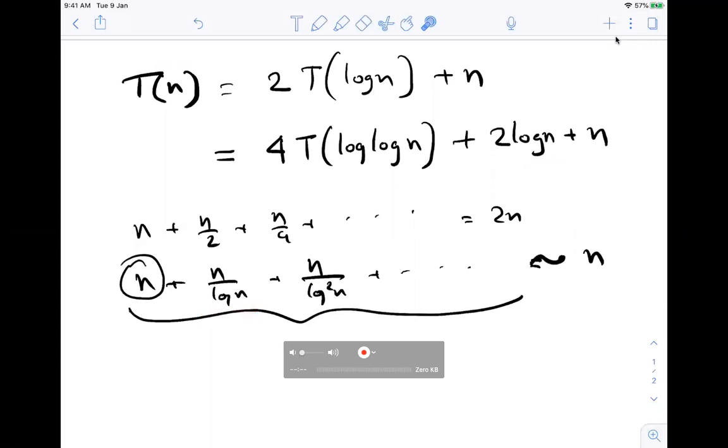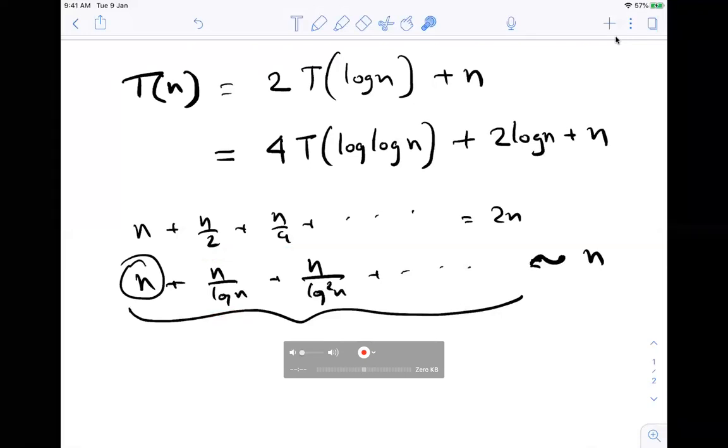Do you mean multiplying by log n rather than dividing? No, divided by log n. See, like n plus n/2 plus n/4 plus n/8, what is that? Sir, log square n is applying or squaring the value of log?